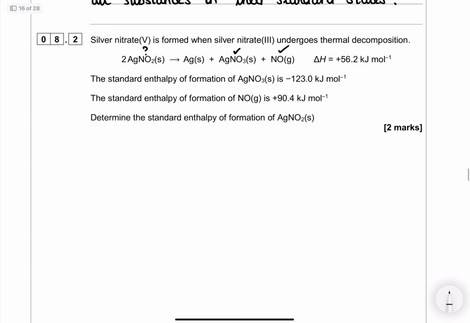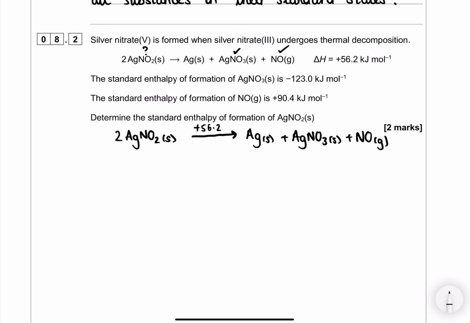I'm going to draw a Hess cycle. There is an equation that you can use, but I think it's important to understand where that equation comes from, and it comes from the Hess cycle. So this thermal decomposition is plus 56.2. Formed from the elements, so we've got silver, which is a solid.